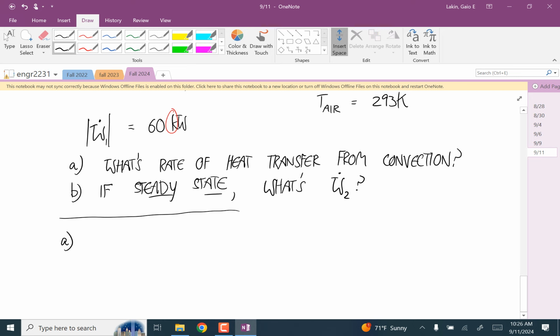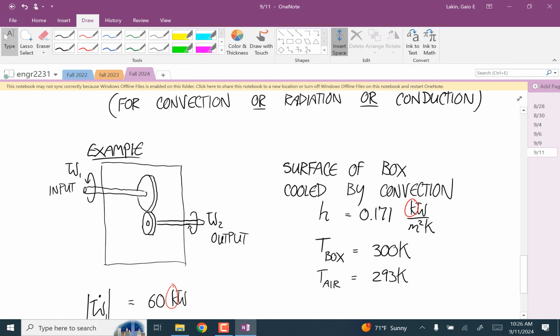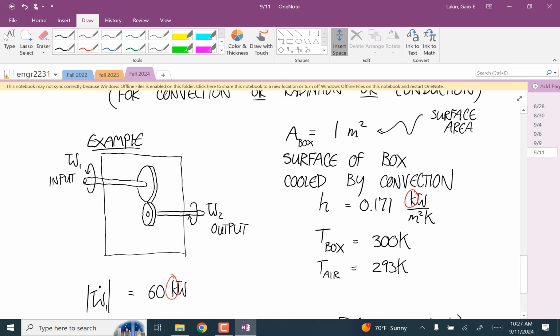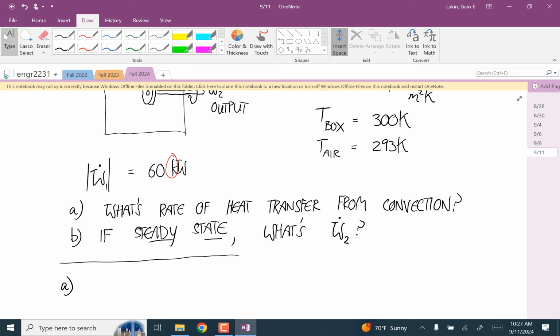Okay, so for the first one, I didn't give the area of the surface. Let's say that this is a big box, 1 square meter of surface area. So for the first one, we're really just plugging it into the convection equation, and then let's think about the sign convention for the first law too.